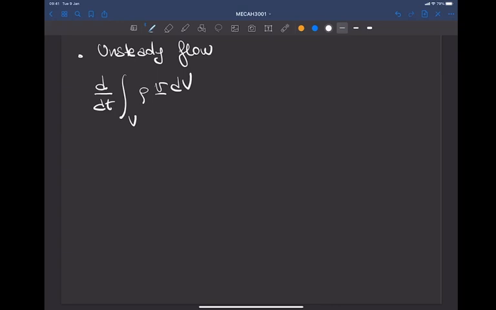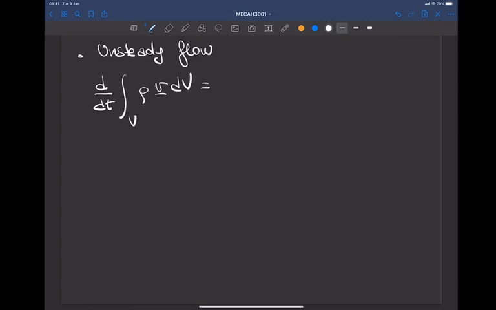Okay, so you see that this is expressing in fact the variation of momentum inside the control volume.